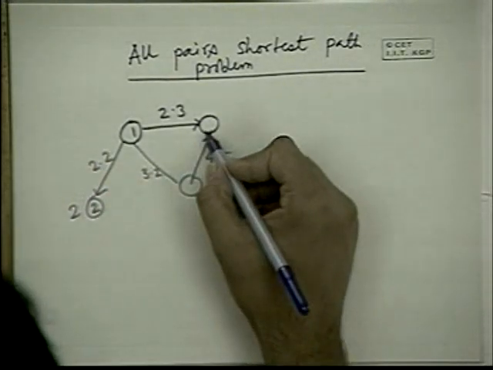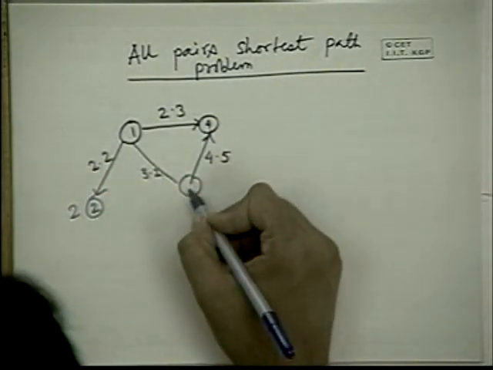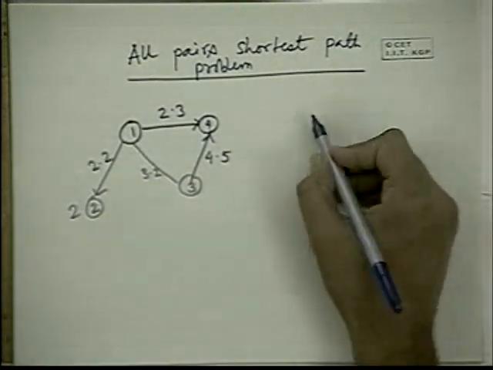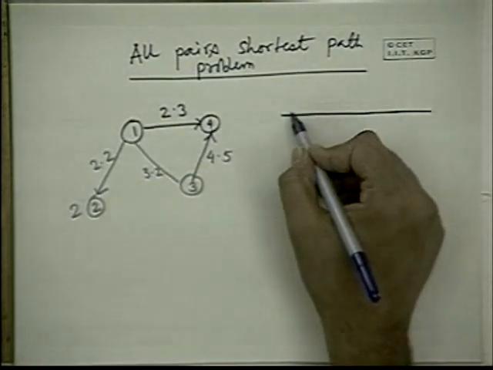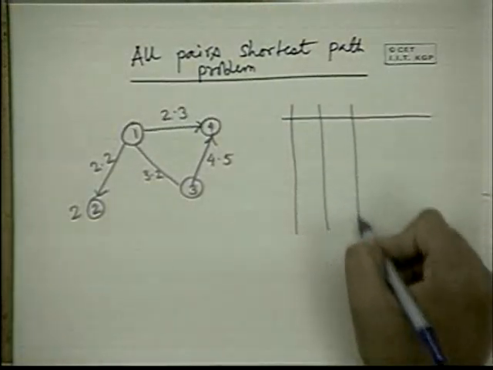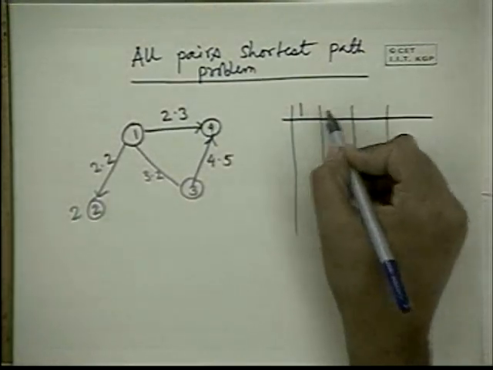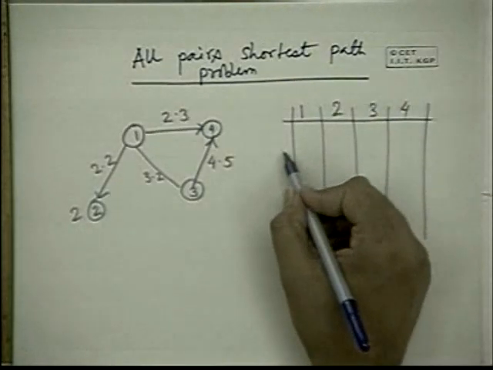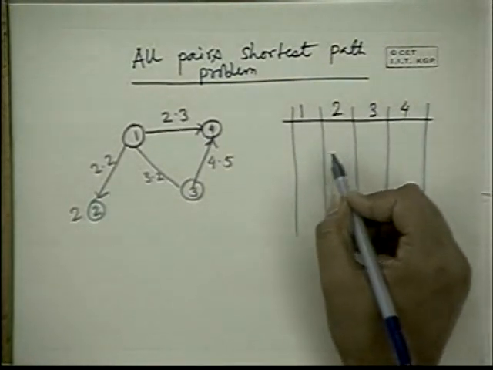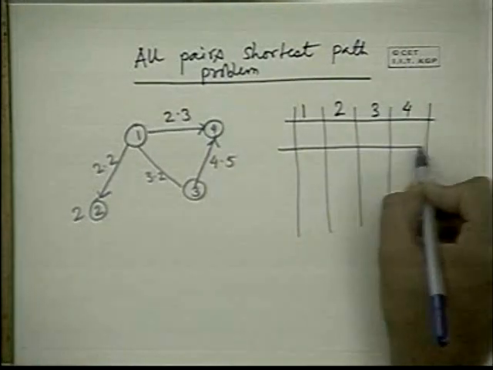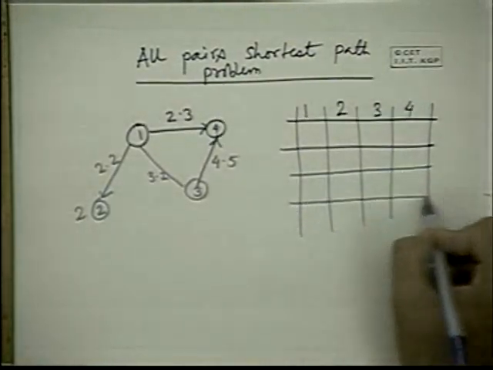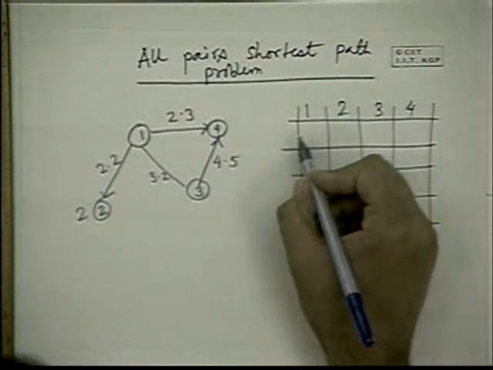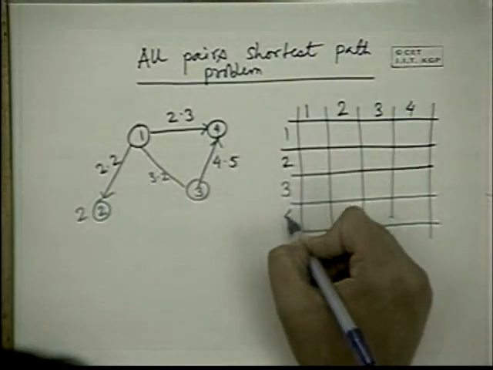It also works for an undirected graph, it does not matter. The adjacency matrix for this graph will look like this, with rows and columns 1, 2, 3, 4.